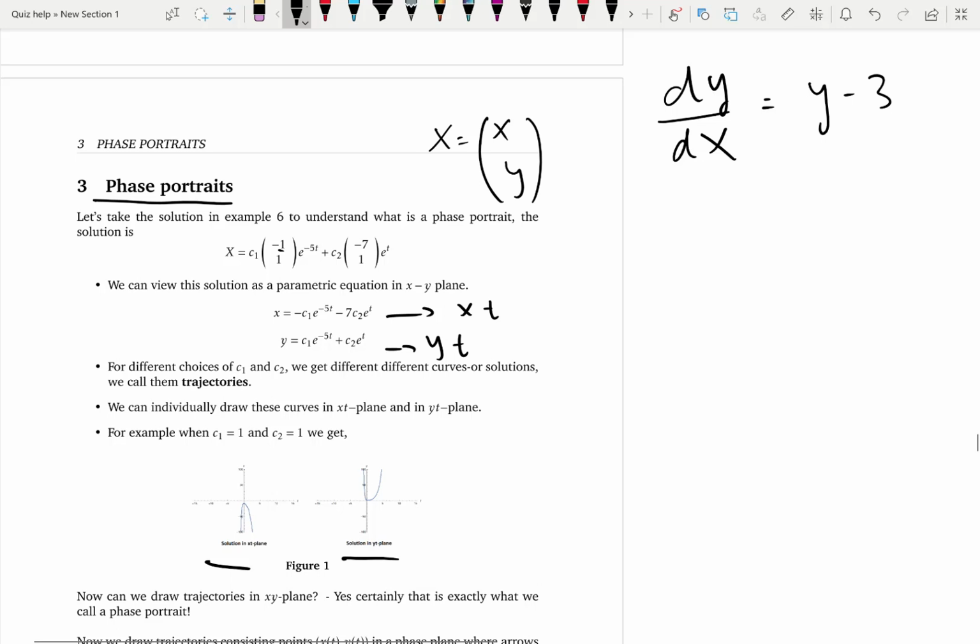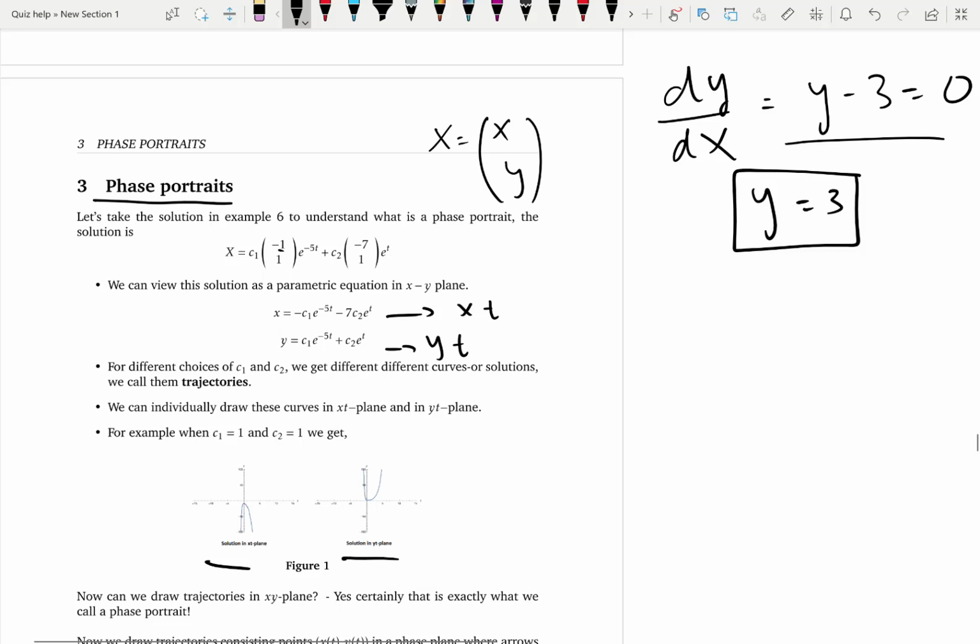So dy over dx is 0, and we get horizontal slopes, right? There's no change. So we make this equal to 0, and you get the equilibrium solution at y equals 3, for example. Equilibrium solutions, or equilibrium points, are such a key thing when drawing the slope field.